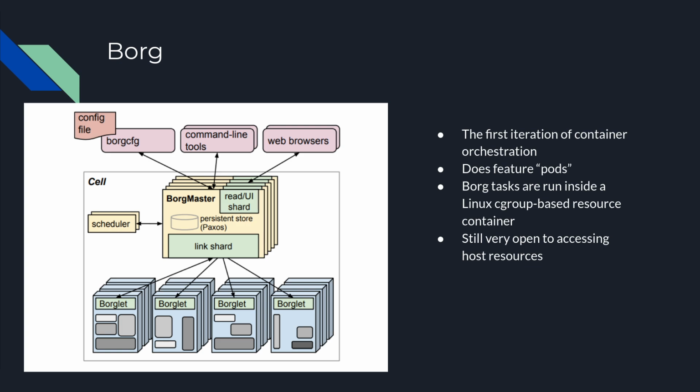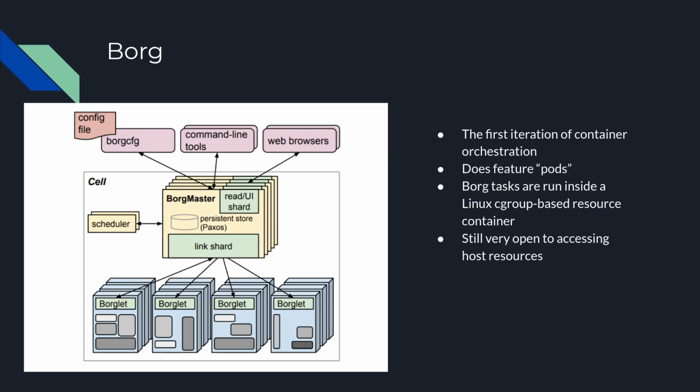The way Borg works is users would submit a job. Every job has one or more tasks, and these tasks are either long running or short running. Long running would be something you present to a user, like a web server or web interface, and a short running task would be a batch processing thing.